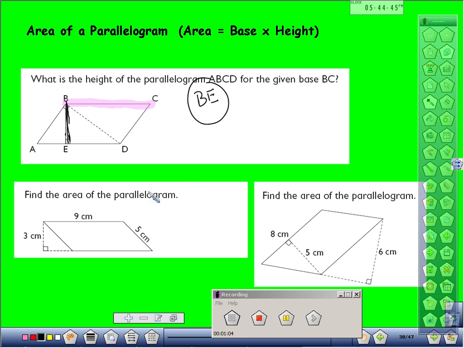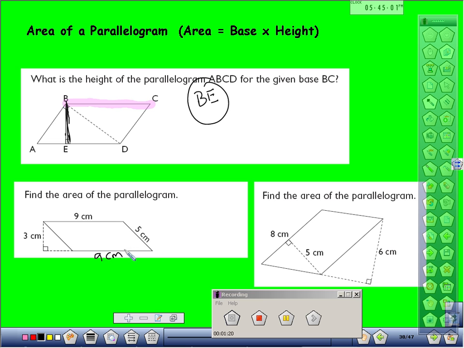Okay, let's look at this one down here. Find the area of the parallelogram. Let's say 9 is the base. It's like a rectangle, so we know this would be 9 also. But they're trying to confuse you by putting this line here. Actually the base is perpendicular to the height.